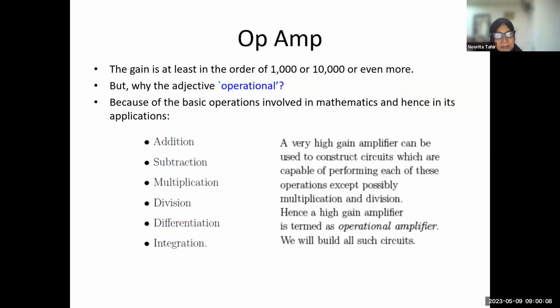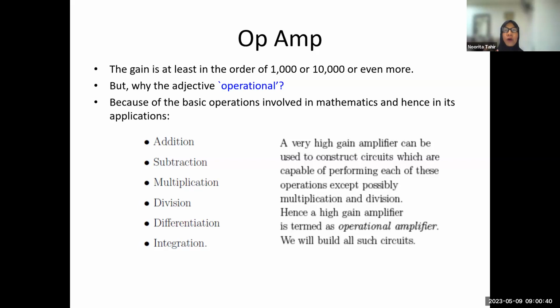Okay, last week we looked into OPM, and we also looked into the capability of our OPM when it comes to voltage gain. It can be around 1,000 or around 10K or maybe even more, as long as it doesn't go out of the positive saturation and the negative saturation. And why is it that this particular 741 is called operational?